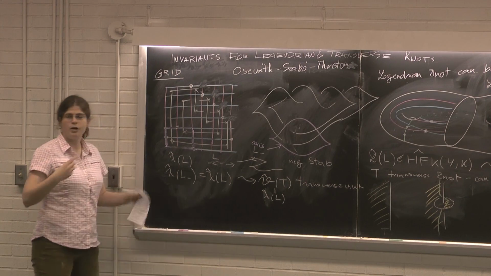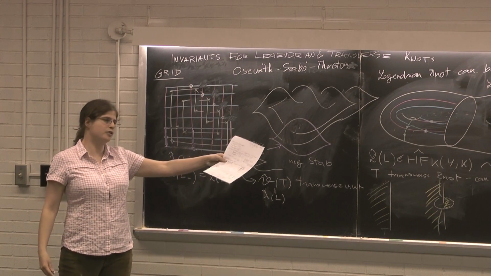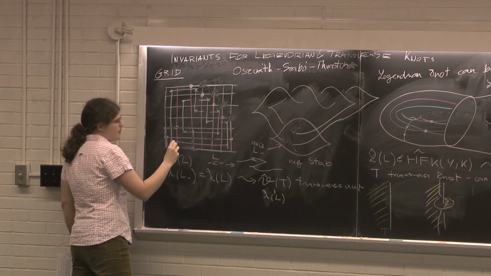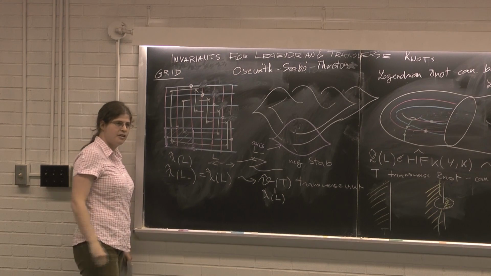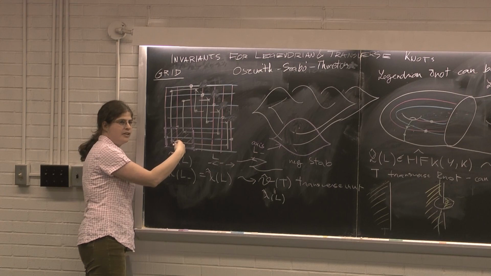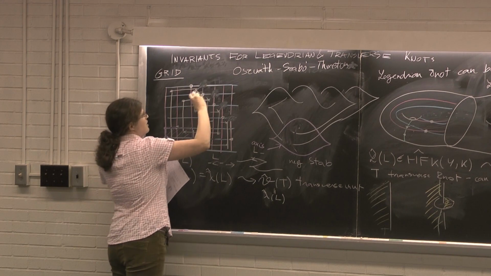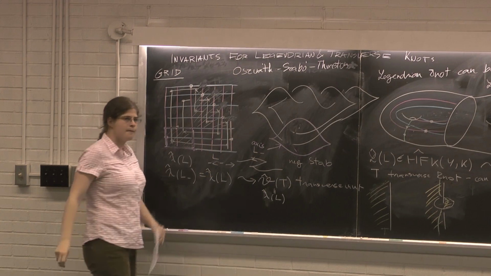So if I want to take the bottommost element, as Ozsvath and Szabo did for the contact invariant, then I have to take something which lies here. That every component of it on these lines lie inside here. And because it lies inside here, then the rest has to lie on this square.